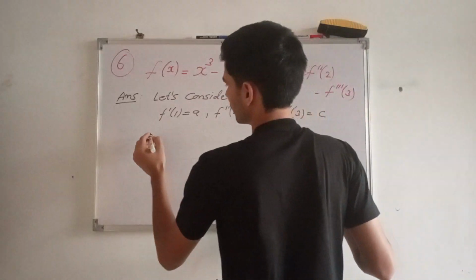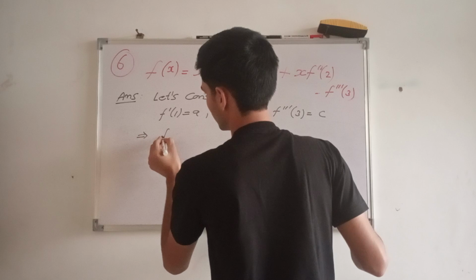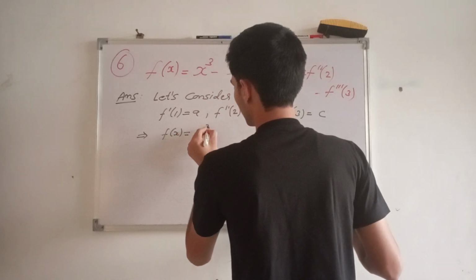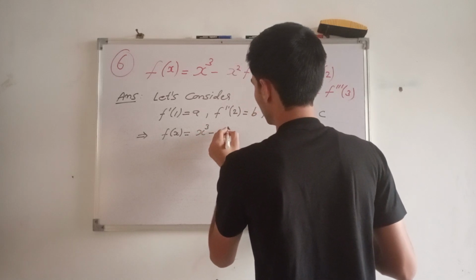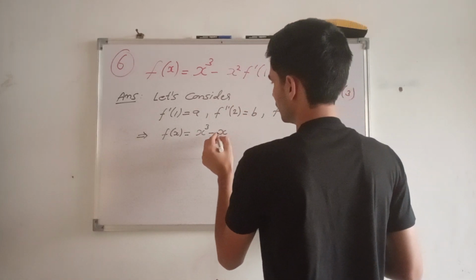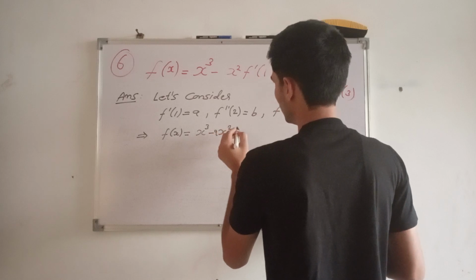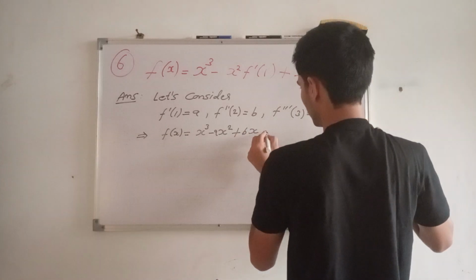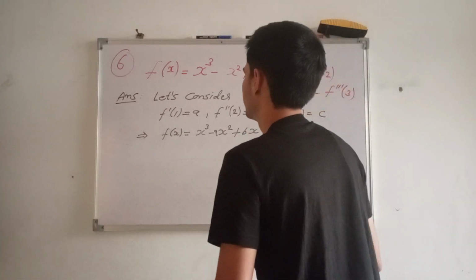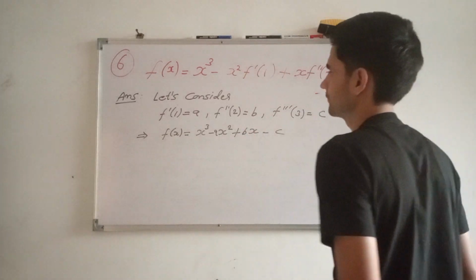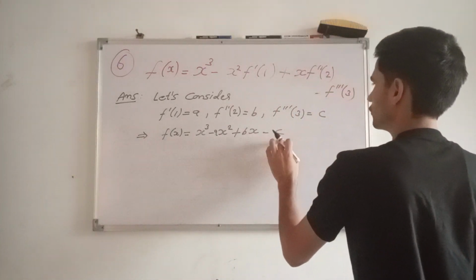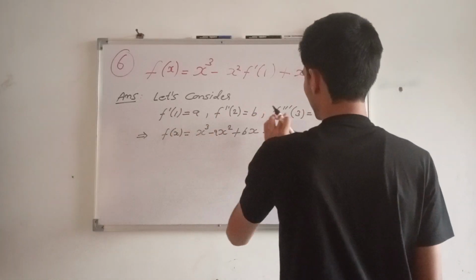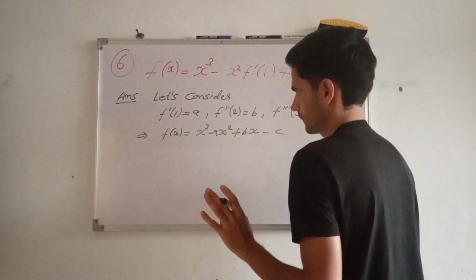Write this in f(x). We get f(x) is equal to x cube minus, what was f'(1), a, so we get a x square plus bx minus c. This is our f(x) in terms of three constants, and we have already been provided with three conditions in terms of a, b, c.